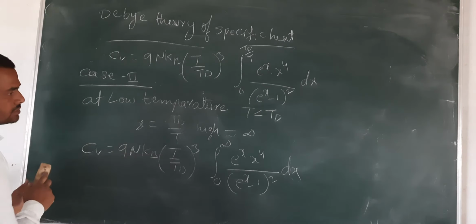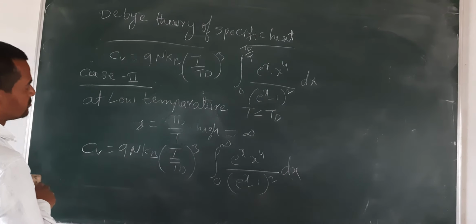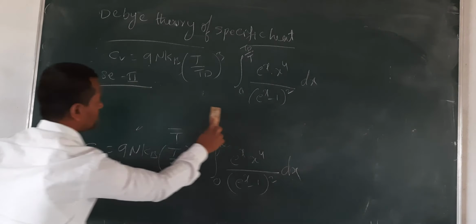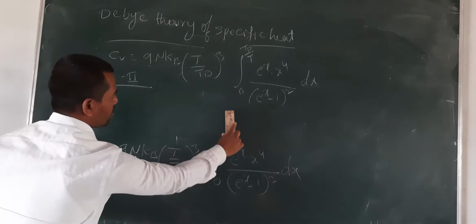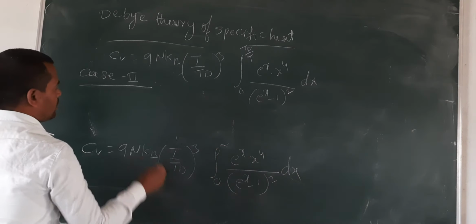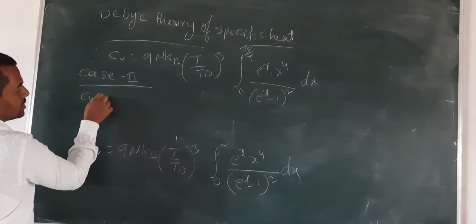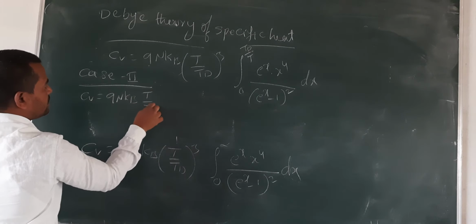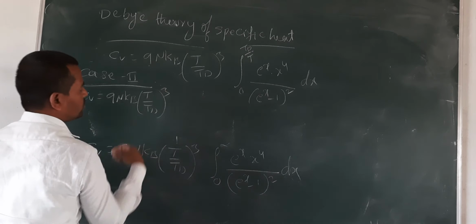At a lower temperature, with infinity here, Cv is equal to 9n kb (T by Td) whole cube.